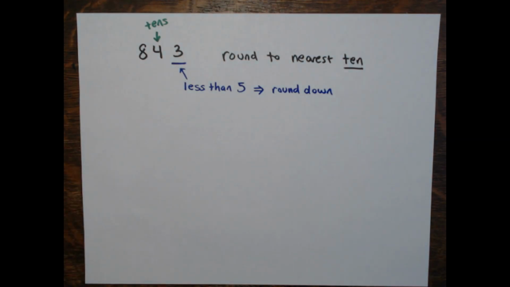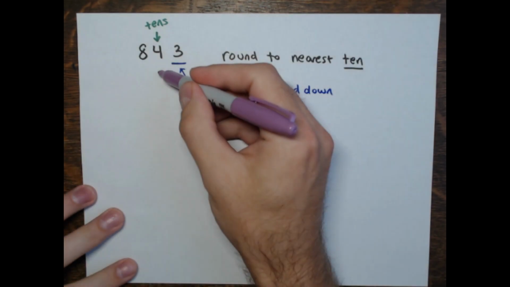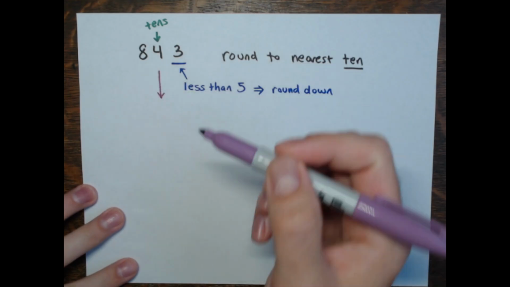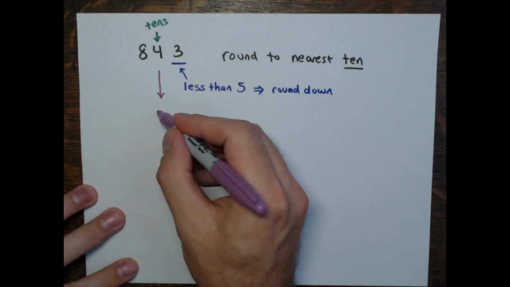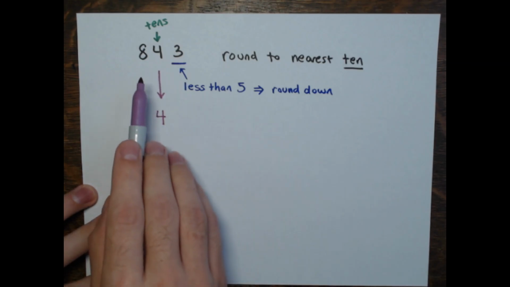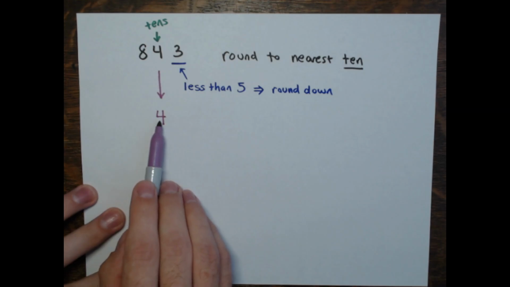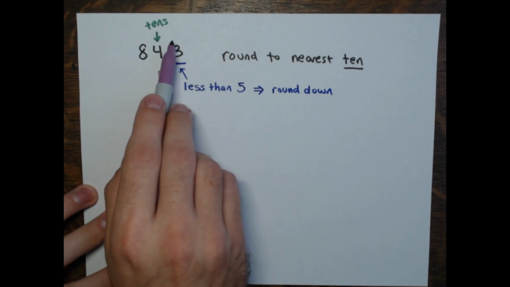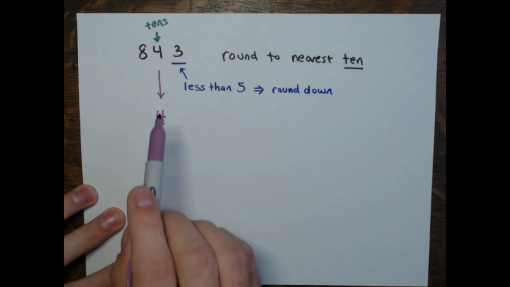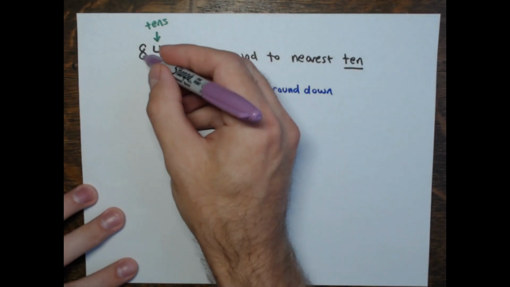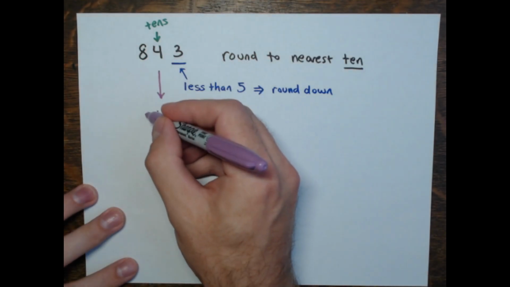meaning we're going to be rounding down. So if the answer is no, like it is here, do not change the digit in the given place value. So now I'm going to round. This given place value digit will not change. And it was mentioned earlier, if we rounded up and this was a 9, then the 8 would change, but we're rounding down, so the stuff to the left of the tens will not change either.